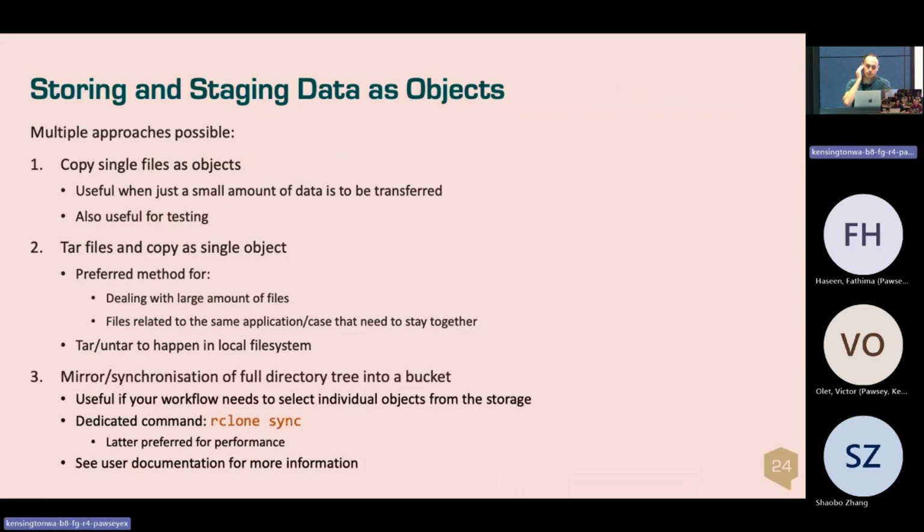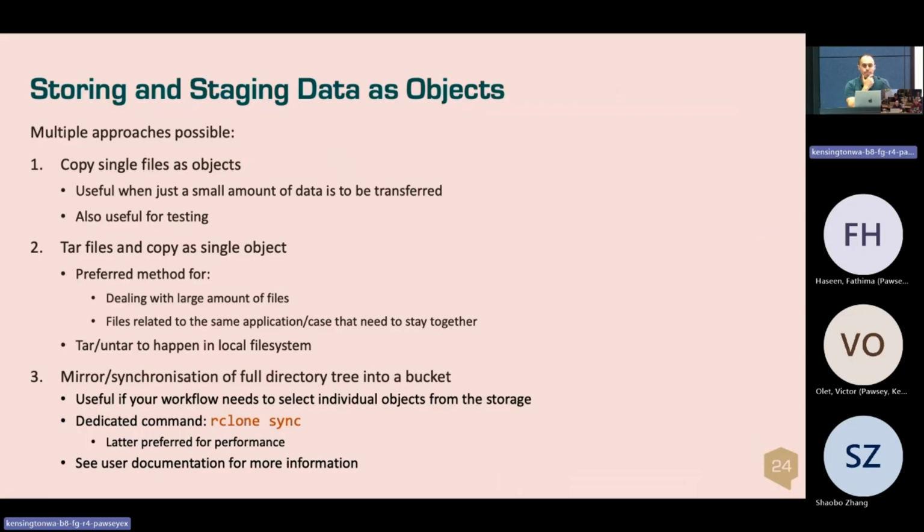The other approach you can take is to mirror or synchronize a full directory tree into a bucket. Now, I've just said that you cannot create hierarchies in the bucket. So how can you mirror or synchronize a full directory hierarchy on a file system to Acacia? Well, what the client does under the hood is flatten the hierarchies. They all go into the file name.